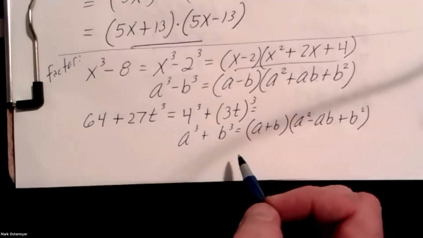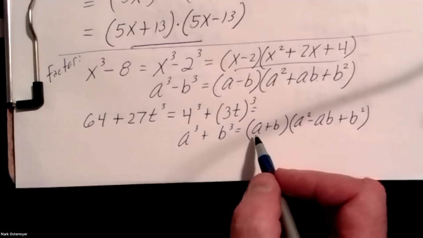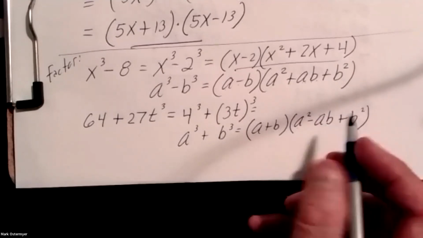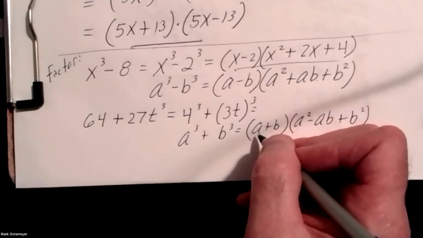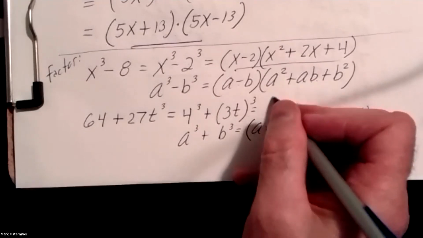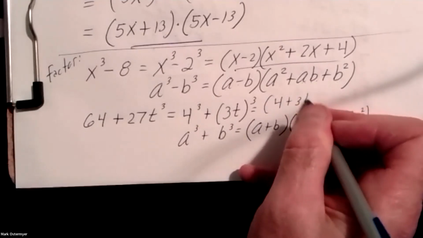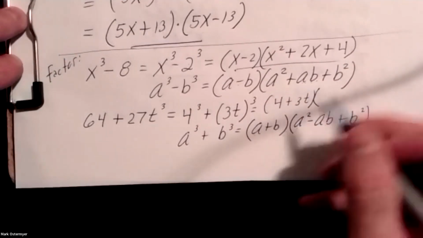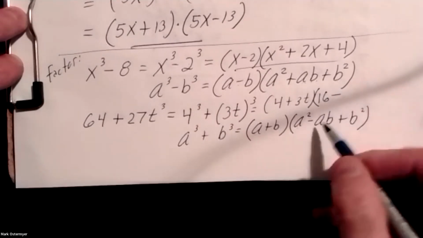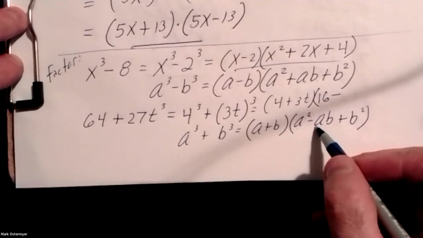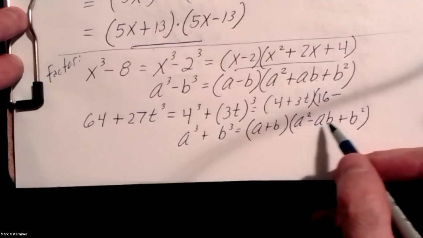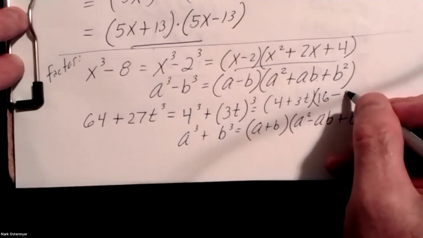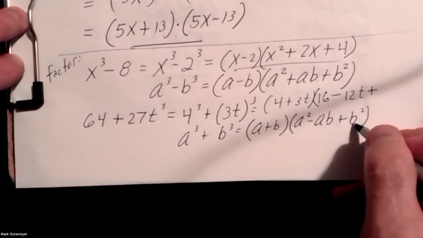So that's how it would factor. Our A is really a 4, and our B term is really a 3t. So wherever we see an A, we drop in a 4, and wherever we see a B, we drop in 3t. This factors into 4 plus 3t, and that's going to get multiplied by 4 squared, which is 16, minus 4 times 3t, which is 12t, plus 3t squared.